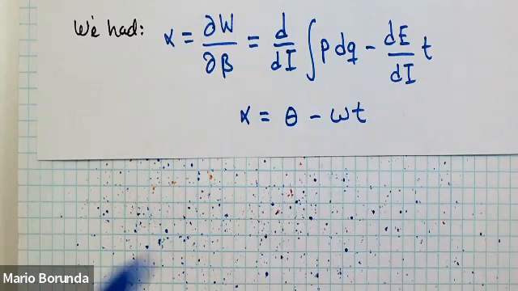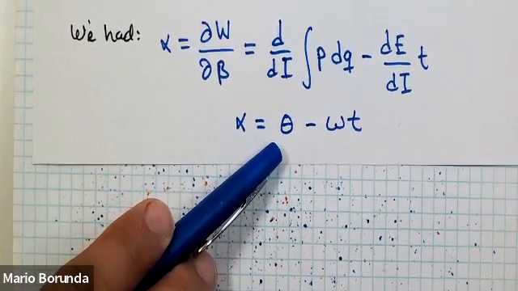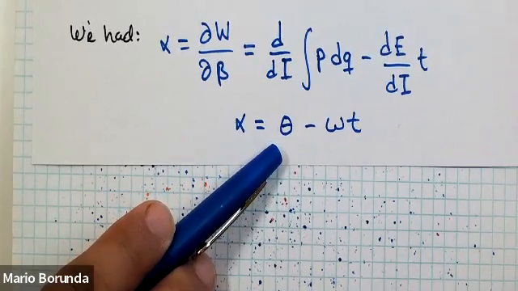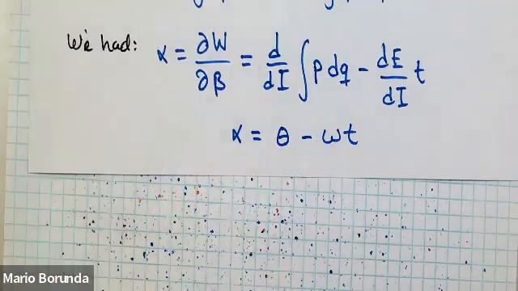So alpha is not exactly your action angle, right? It's not quite equal to it, but it's equal to it linear in time. So that's the transformation that we have. So what does that mean?